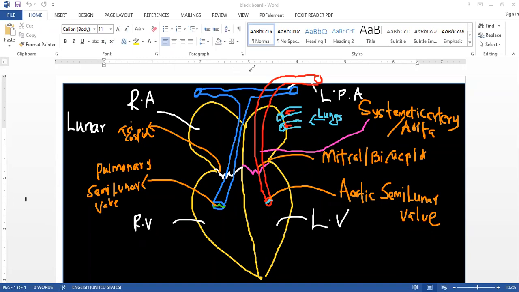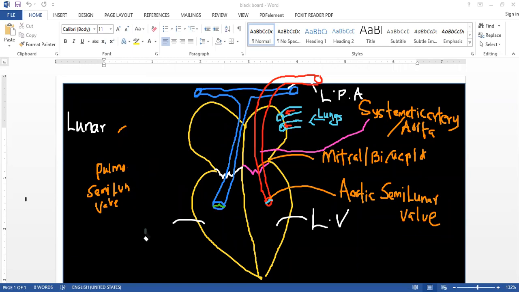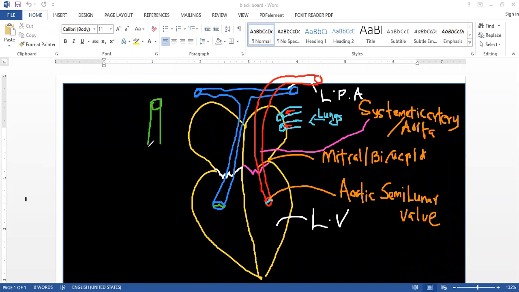At the same time, there is one most important vein, the vena cava. Vena cava means perinadical, and the vena cava starts from here. I'm erasing this because I can't draw it clearly. These vena cavas take blood from the body cells and finish at the right atrium.